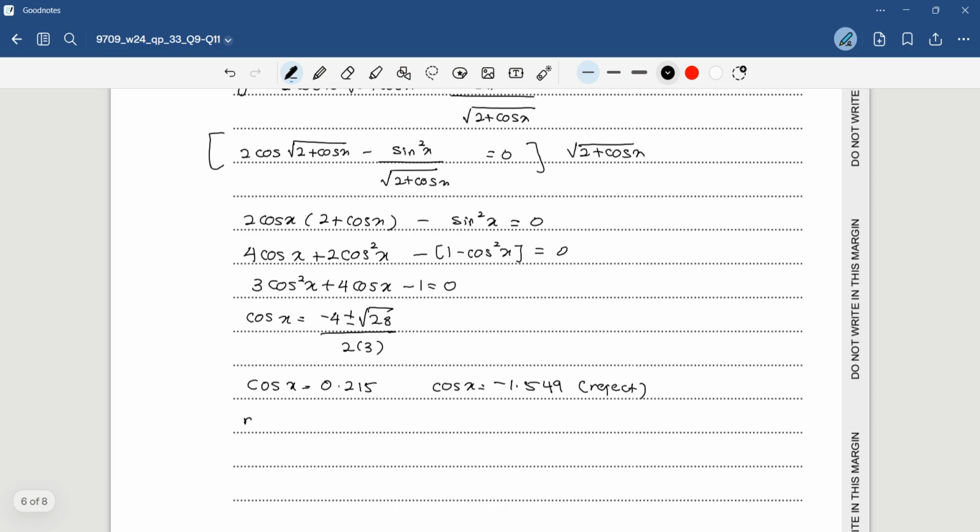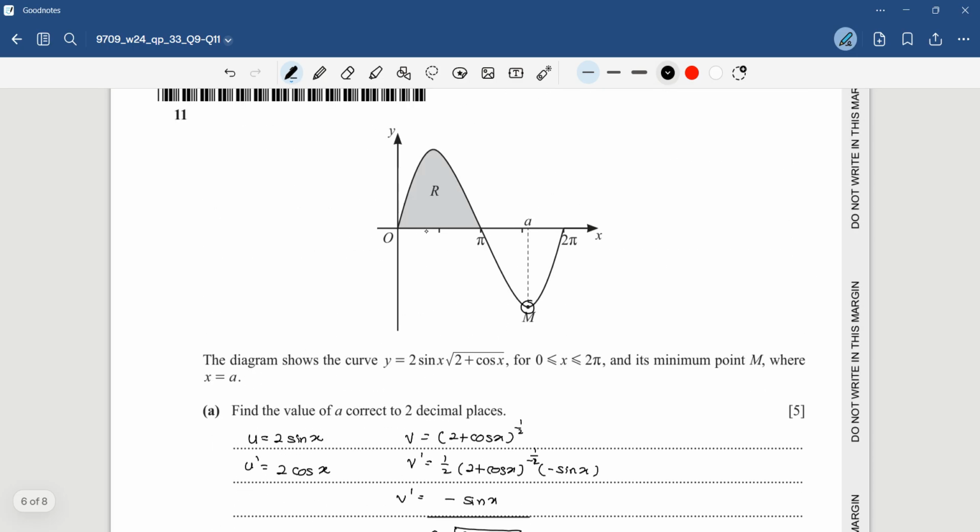Therefore, here my reference angle will be 1.354. Therefore, my x can be either, because cos is positive, so cos positive will be first quadrant and fourth quadrant. So it will be 1.354 or 2 pi minus 1.354. If you look here, actually this is your first quadrant already.